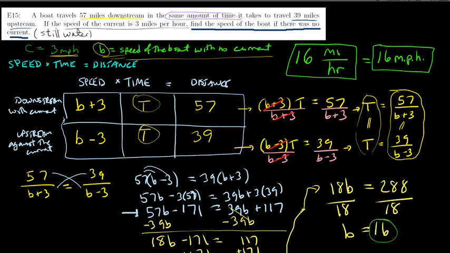So to recap, you read the problem, you realize that we're talking about distance, time and speed, so speed times time equals distance. You make your little table: one row is for downstream, one row is for upstream. In problems where you have airplanes traveling with the wind and against the wind, downstream is with the wind, and I think they call it a headwind or tailwind.